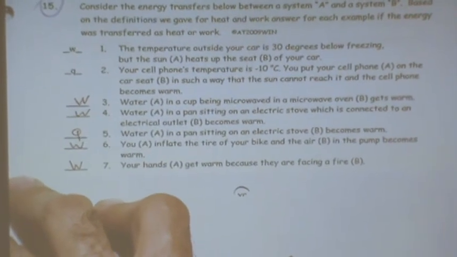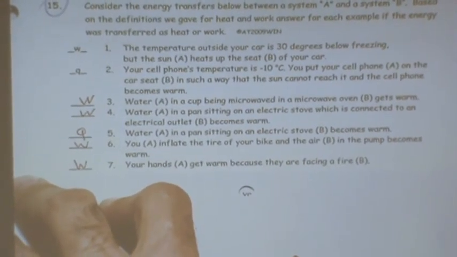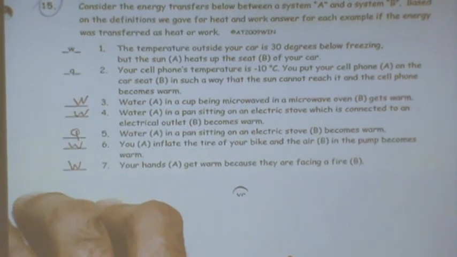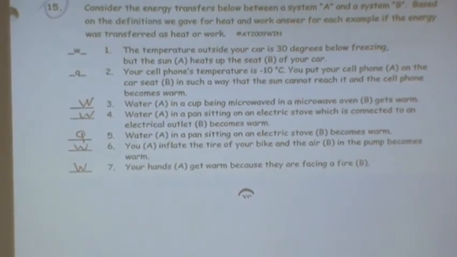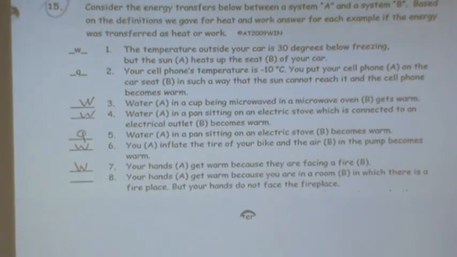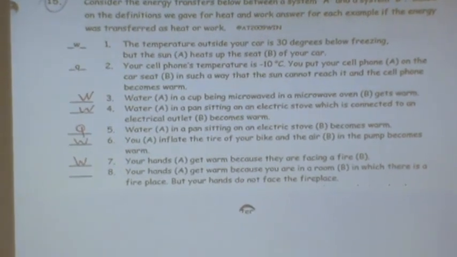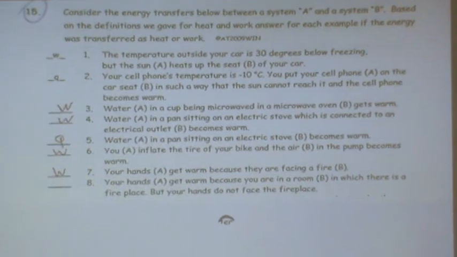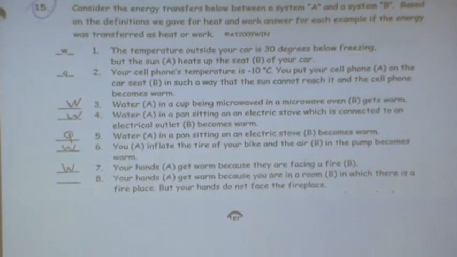It doesn't say they're close to the fire, just facing. If you don't face the fire, then you go to the next one. You're not facing the fire now, you're just in a warm room. You don't have to face the fire. You can be all the way down there.